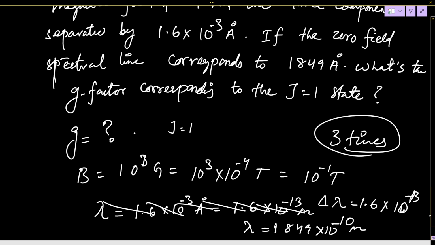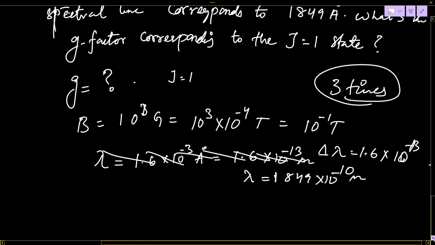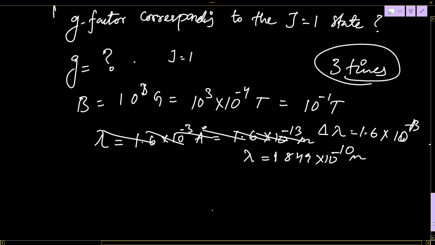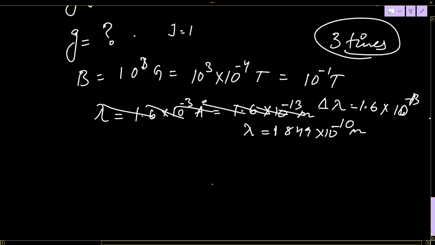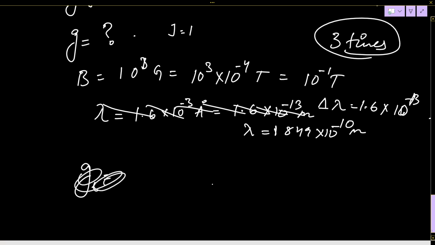So, what is the Lande g factor? Simple. What is the formula for it? What is the formula for Lande g factor? Tell me first. G is equal to GL is equal to what? What is the formula? First of all, what is the formula of del lambda?